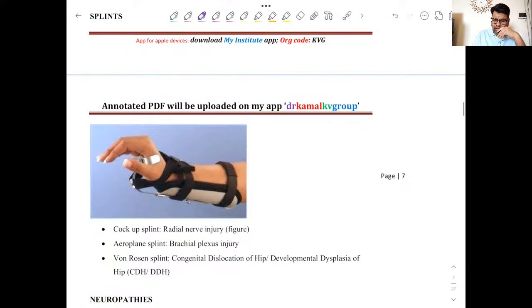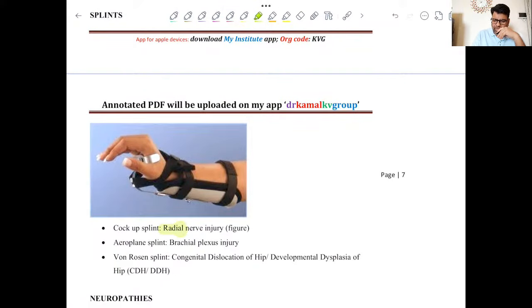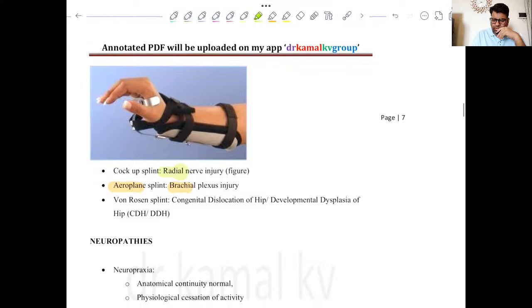Then cock-up splint, it is used for radial nerve injury. Aeroplane splint for brachial plexus injury. Now these are for nerve injuries. There is one von Rosen splint which is used for developmental dysplasia of hip. There are some more which you should know. One is knuckle bender, which is used for ulnar nerve injury.